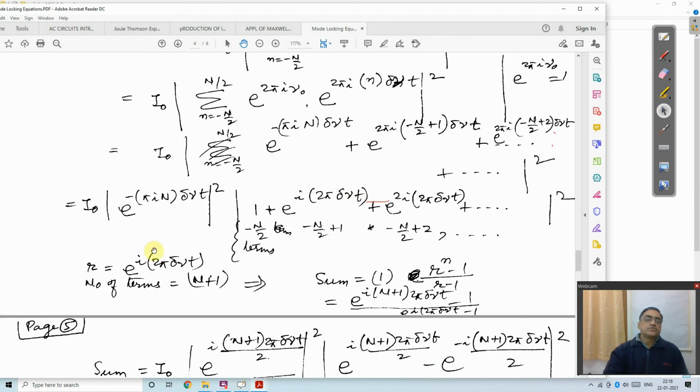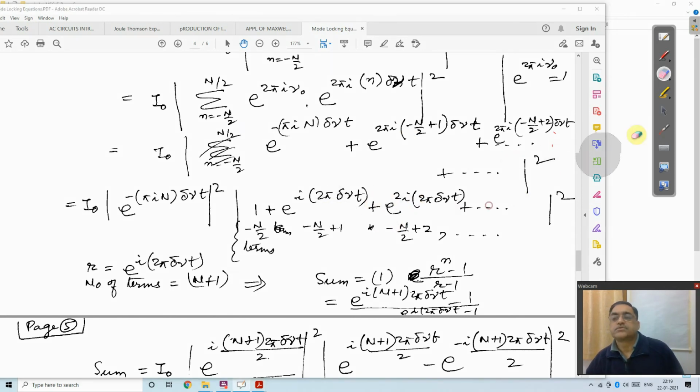So I is equal to exponential minus of pi iota n delta nu t squared, and the rest of these terms form a geometrical progression as we see here.